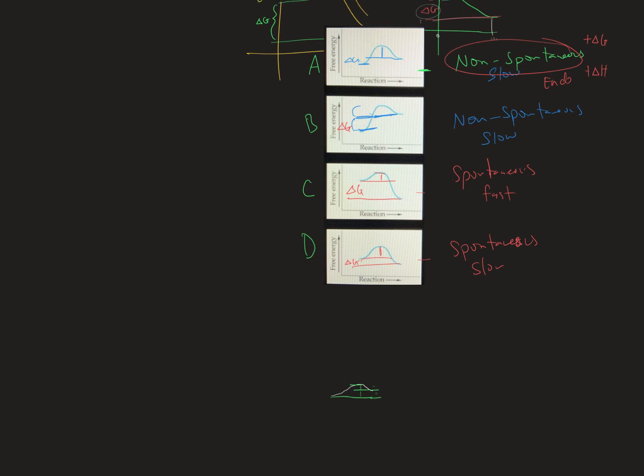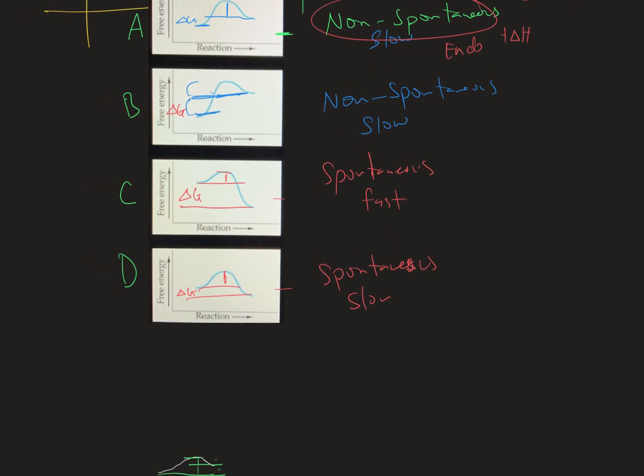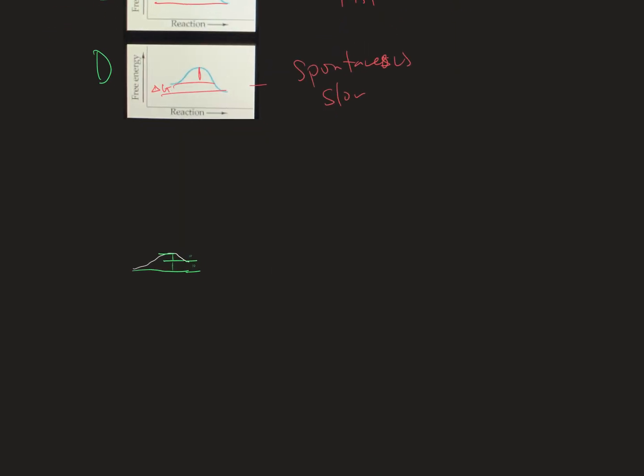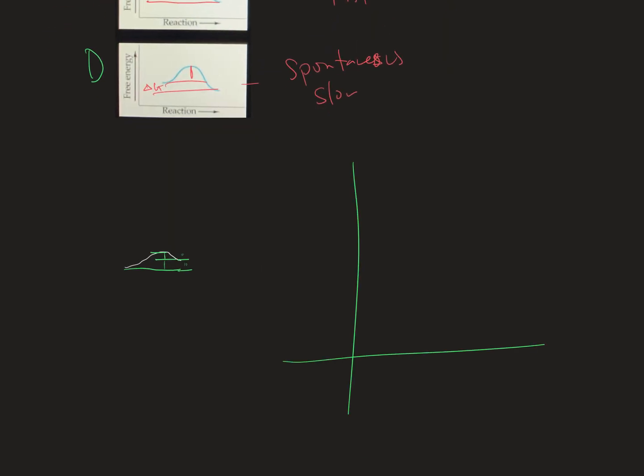Okay. I don't know why non-spontaneous is endothermic. Okay. So let's take a look at this. I'm going to just draw it right here because I like my graphs better than that one. All right. Do you understand this is spontaneous? Okay.